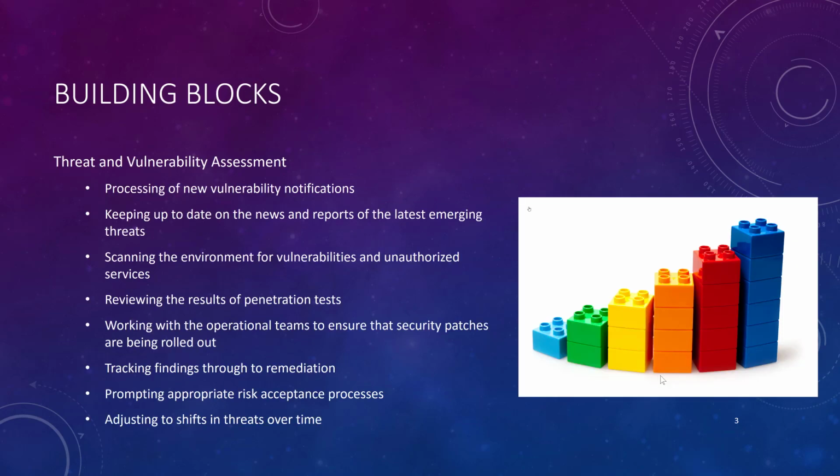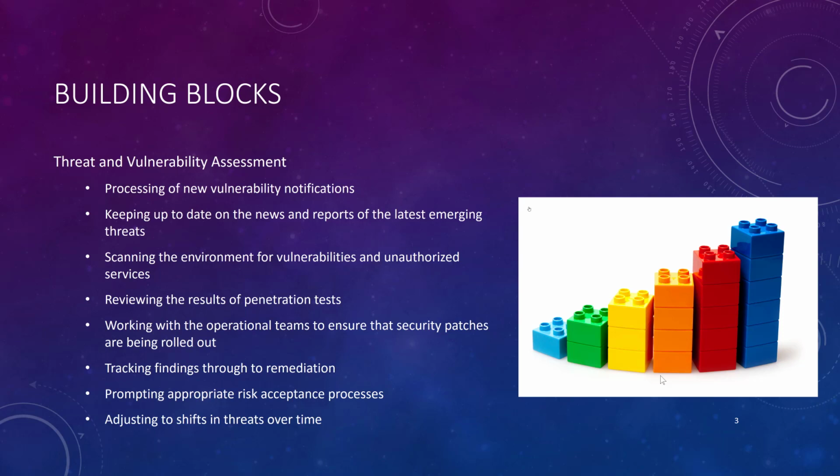All right, so as you look at the building blocks associated with threat and vulnerability assessment, lots of different things that the security team is going to have to do, or that risk assessment team. They're going to have to process new vulnerability notifications that come out all the time, keep up to date with news and reports, which means they have their favorite listservs and reports that they're paying attention to.